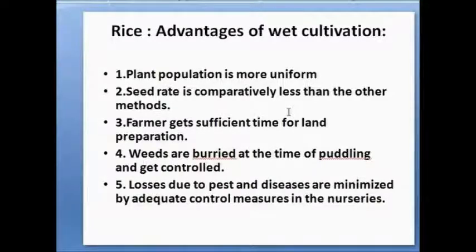Farmers can get sufficient time for land preparation. Then there is less growth of weed, so expenditure to be incurred on weeding is reduced because we are growing seedlings directly in the puddled condition or in the controlled condition. This also helps to control pests and diseases.